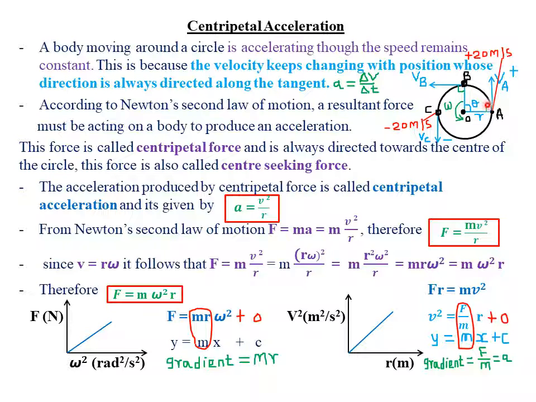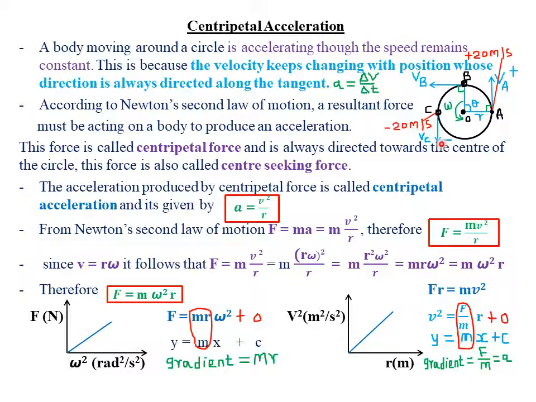So if we take the upward direction to be positive, then the velocity of the body will be positive 20 meters per second. However, if the body moves up to point C, you can see the body is moving downwards, therefore its velocity at point C will be negative, because if you are taking the upward direction to be positive, then the downward direction must be negative. Because the body is moving at a uniform speed of 20 meters per second, its velocity at point C will be negative 20 meters per second.